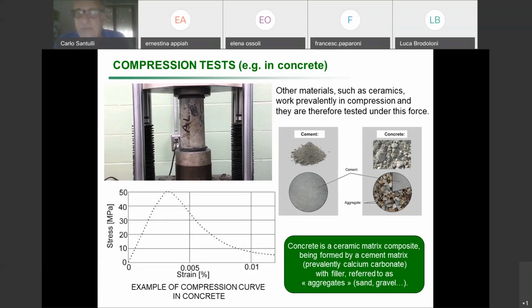And usually I pull it quickly because I prefer to finish the test as soon as I can. But in other cases, you cannot do like that. For example, with plastics, it makes a lot of difference if I pull quickly or slowly, because they are sort of elastic, but closer to viscoelastic. When you say viscoelastic, that means that you have some time effect.